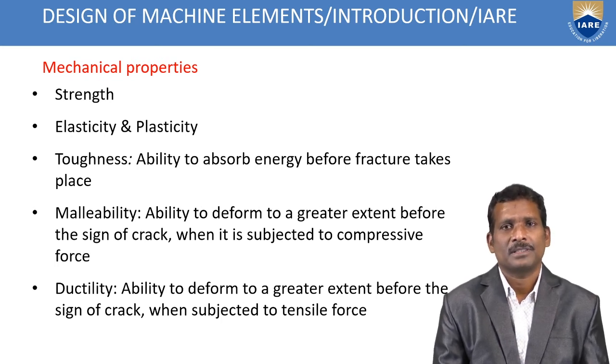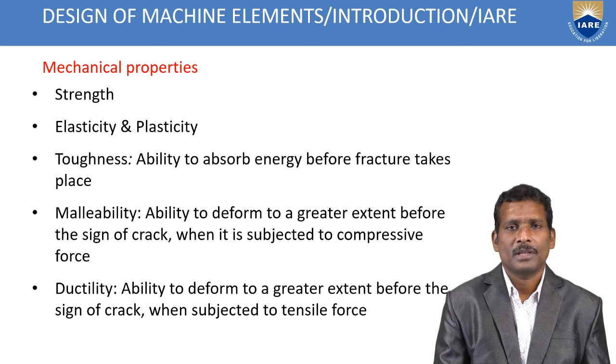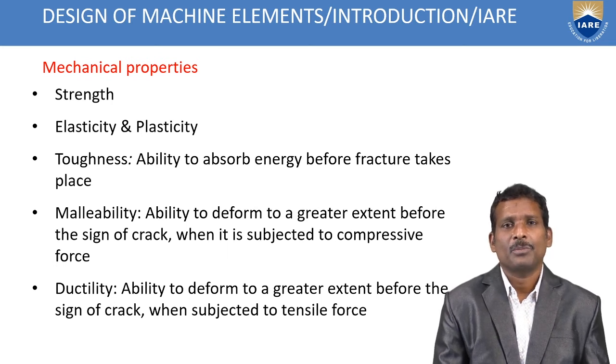That is plasticity. So some materials have the elasticity property and some have the plasticity property. First, identify which material has elasticity and plasticity properties, and which type of material is required for our particular application, your design. Clear?